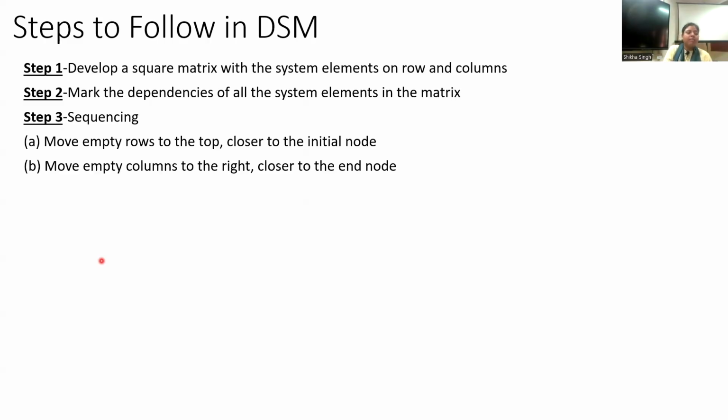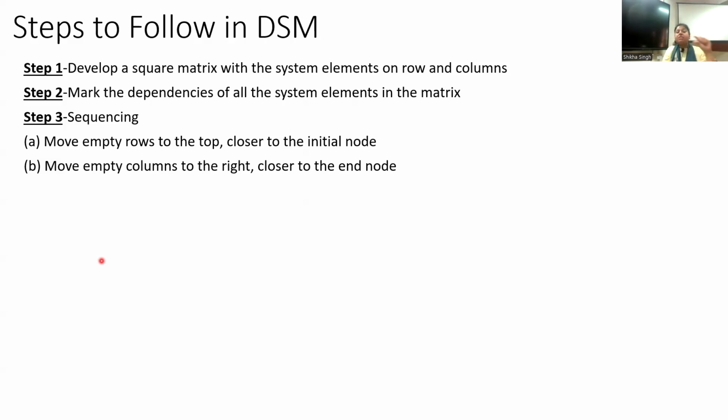Then the next step is sequencing. Now when I'm saying sequencing, see, two statements are popping up. Move empty rows to the top. What do you mean by an empty row in a matrix, especially in the case of a square matrix?